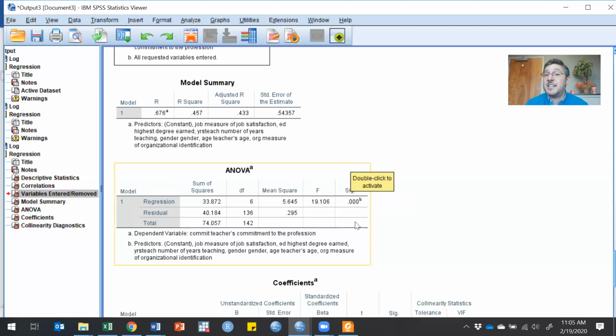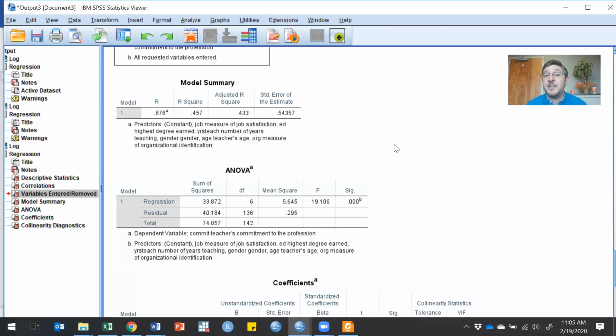And here's your F-test. You can think of it as testing two different things. You can think of it as testing whether your R-squared, your multiple correlation coefficient here, is statistically different than 0. And so it's saying it is. We are explaining a significant proportion of variance in our outcome.